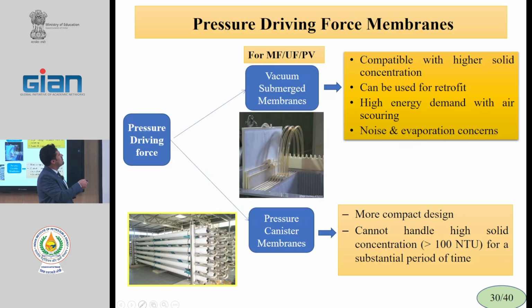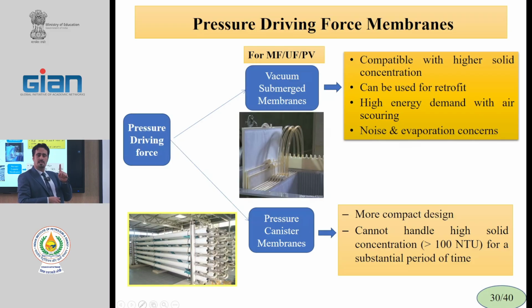But in vacuum pressure, we submerge, immerse the membranes in the water and apply vacuum pressure with suction pumps. The highest pressure that we can apply with vacuum is 1 atmosphere.